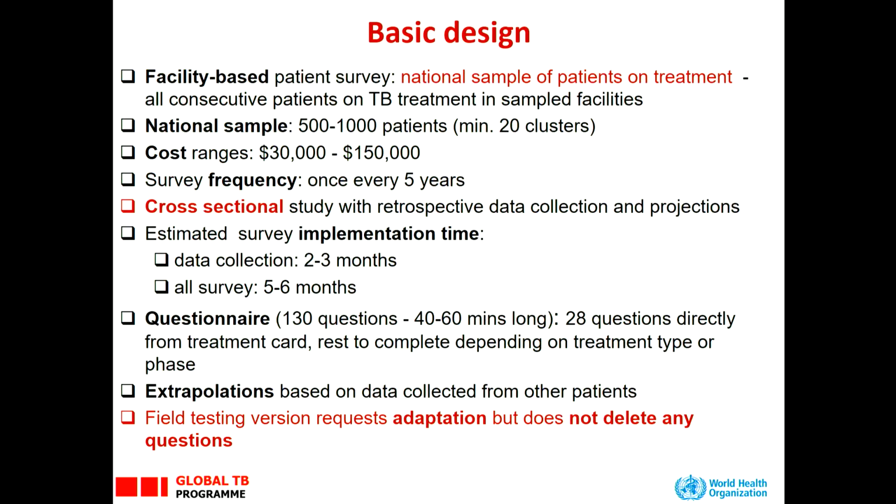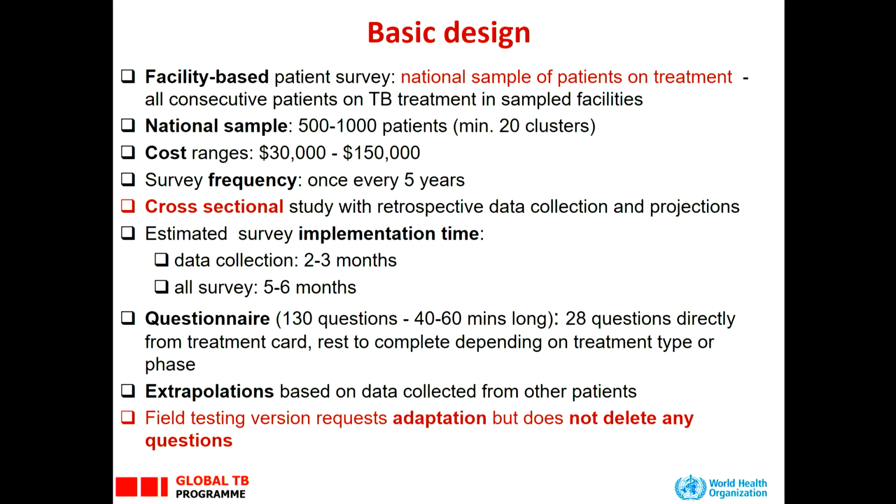In a nutshell, the design of the survey, it's a facility-based survey, and it aims to be nationally representative. So we are looking at between 500 and 1,000 patients, so much larger sample sizes than studies done before 2015. And we are recommending a minimum of 20 clusters.